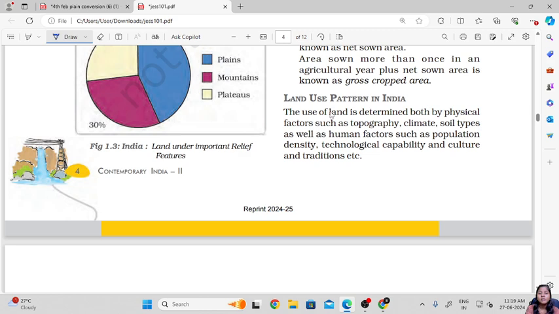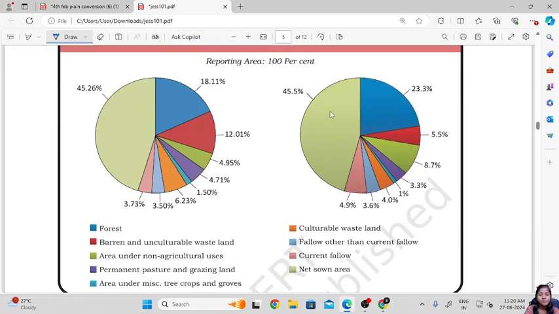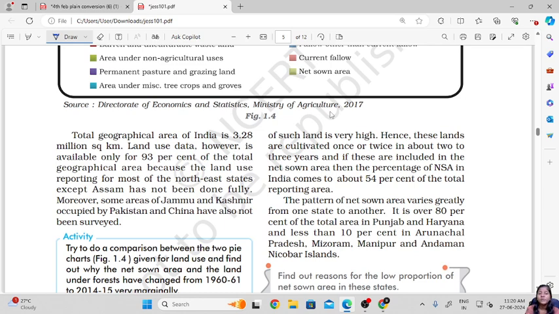The use of land is determined both by physical factors such as topography, climate, soil types, as well as human factors such as population density, technological capability, and culture and traditions. The total geographical area of India is 3.28 million square kilometers.